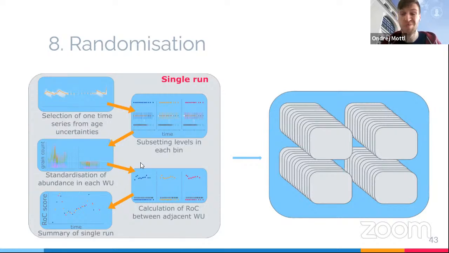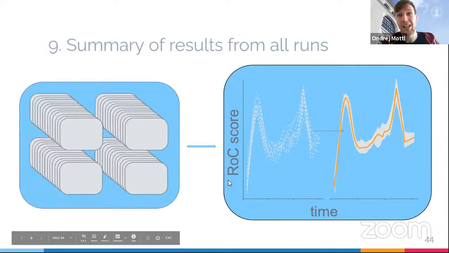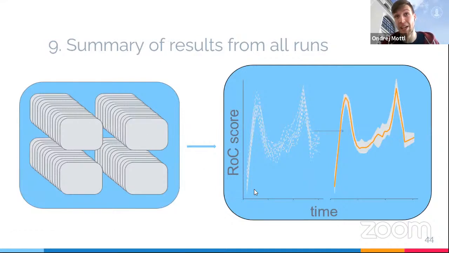And you can do many runs, right? Let's say 10,000. So the random effect is happening here and here. And if you do 10,000 of those, then you will gather 10,000 different rate of change curves. You can put them together and create a median value, which is the orange curve here, and the error envelope, which is the 95 quantile here, which shows you the error bars around your calculation of the rate of change.